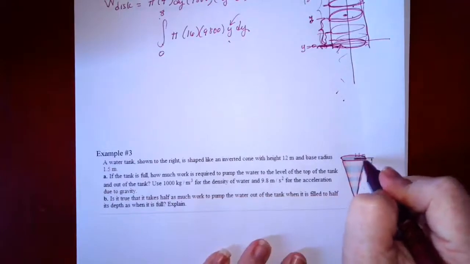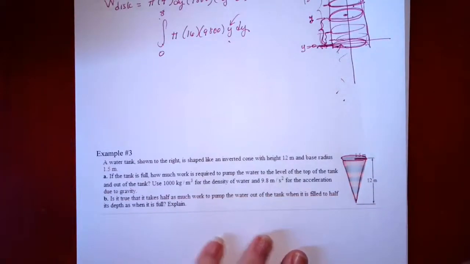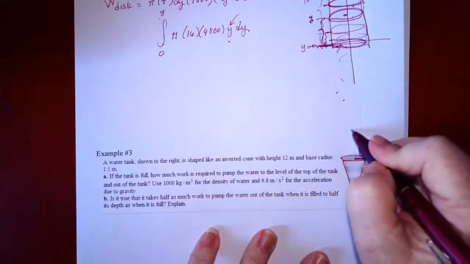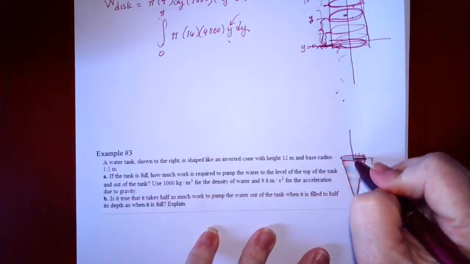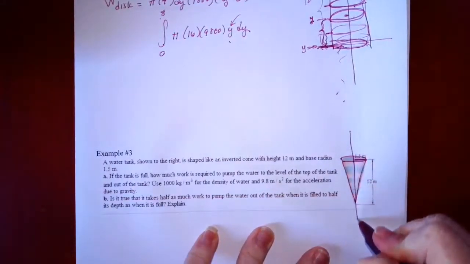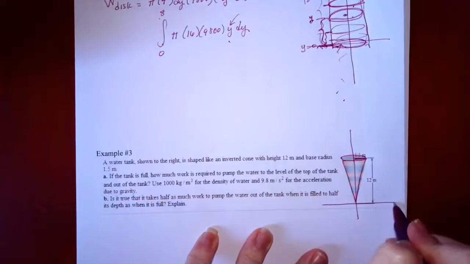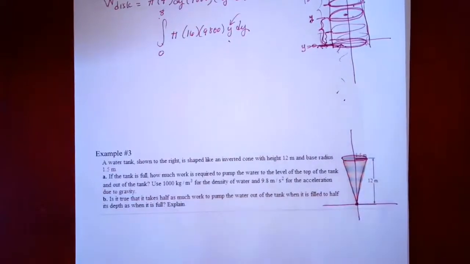Okay, so that's the radius of the big part there. So I'm going to go ahead and draw in my XY plane to give myself some reference. I'm just going to put the vertex of the cone at the origin.